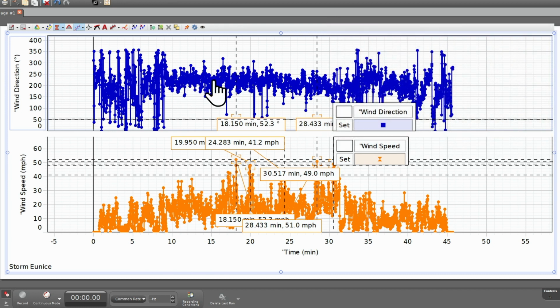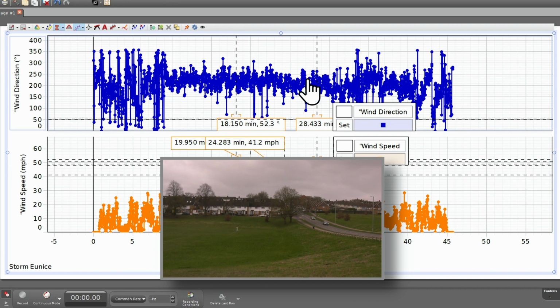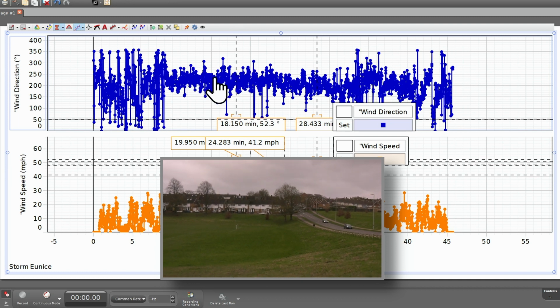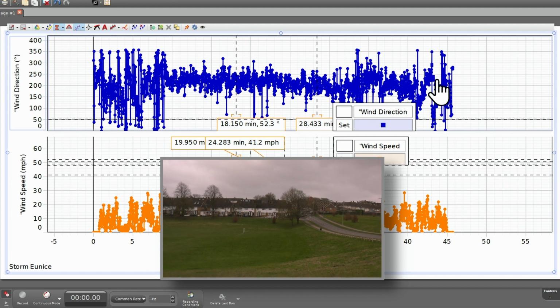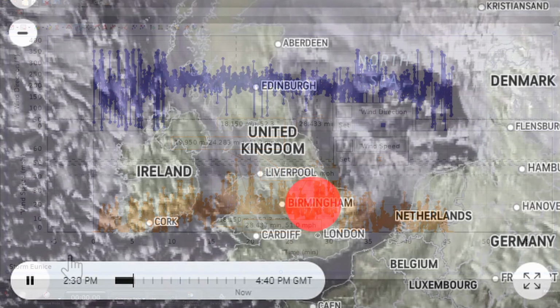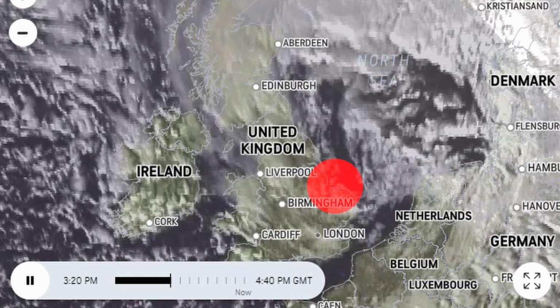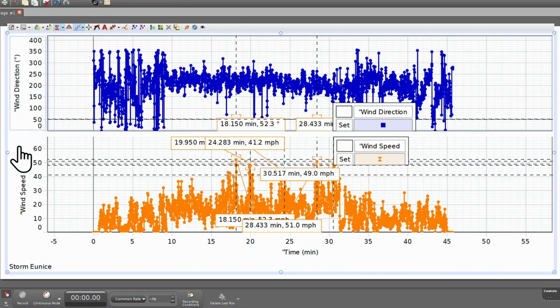But when we got out into the park, most of the time the wind was coming from the same direction, and then as we made our way back, then again the wind became more variable because of the buildings. So this is Storm Eunice that we were trying to have a look at and play around with the PASCO weather sensor.